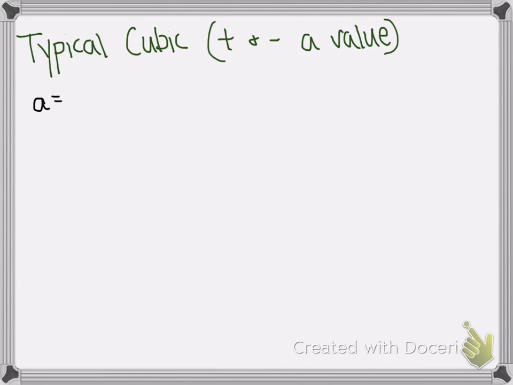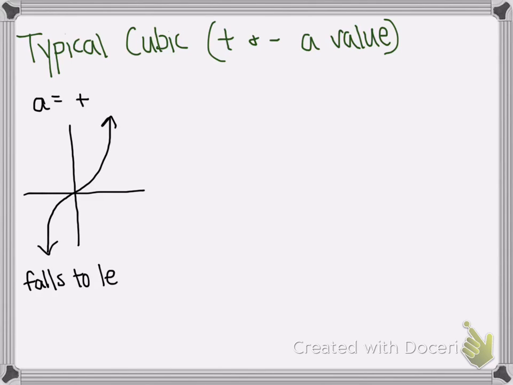If my a is positive, then a typical cubic looks like this, where we are going to say that it falls to the left and rises to the right.